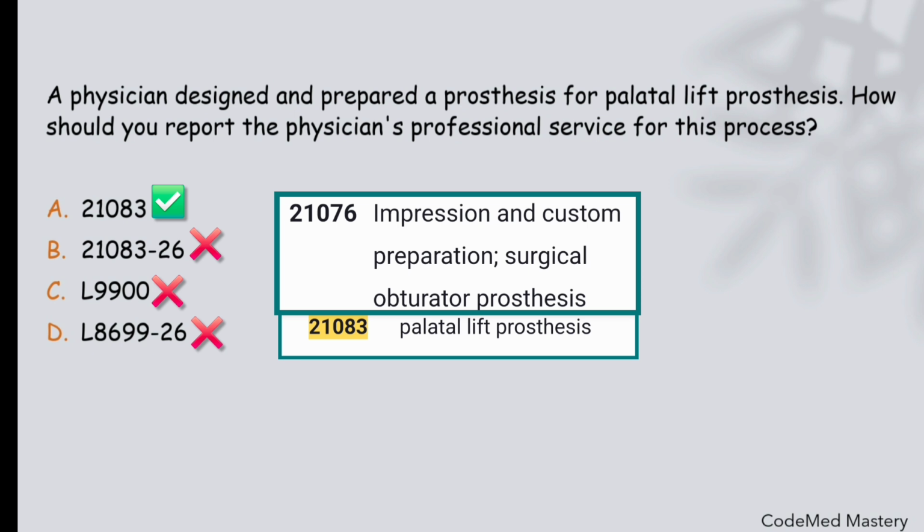We will not use HCPCS code in this case because HCPCS codes are primarily used for billing and coding of products and services that are not included in the CPT coding system. The correct answer is option A, 21083, because this code is the most appropriate choice because it accurately describes the service provided by the physician.